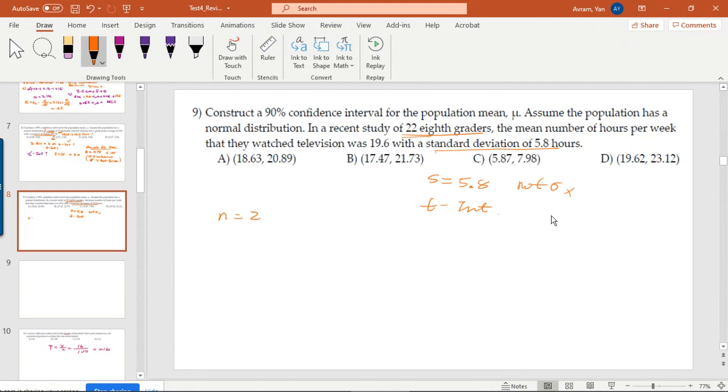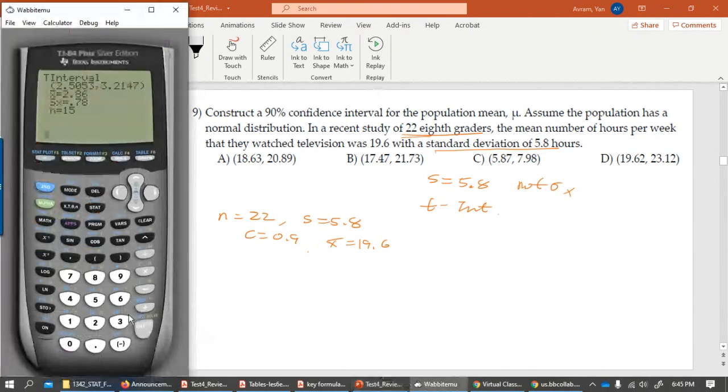And then we have n here is 22, s here is 5.8, c here is 0.9, and the x bar here is 19.6, and then we can put this whole thing into the calculator.